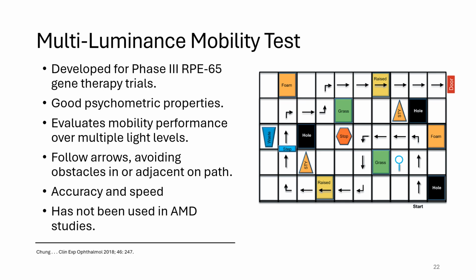Accuracy and speed were the outcome measures. Now, this test has not been used in AMD to my knowledge, but since AMD impacts rod photoreceptors in early and intermediate disease, and this test does manipulation of luminance level, it is interesting to consider it for possible future use in AMD studies.